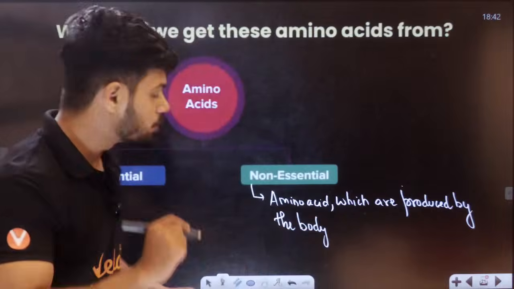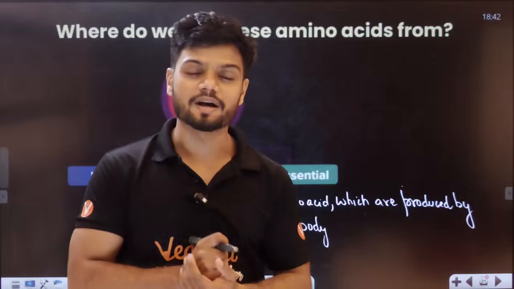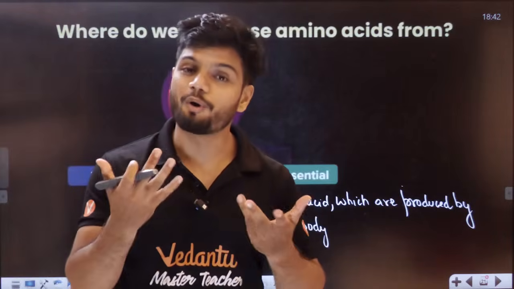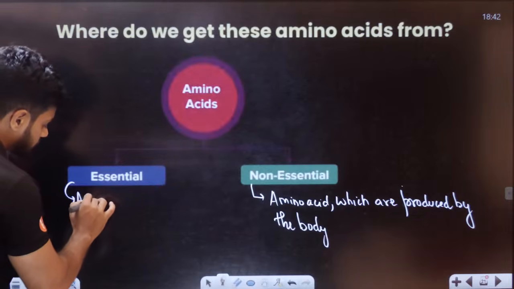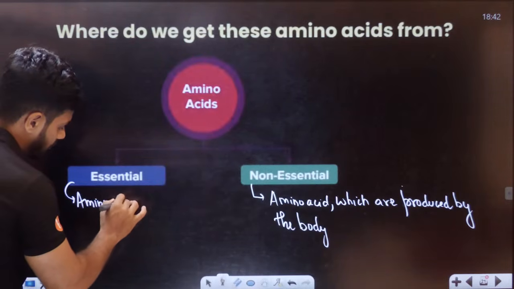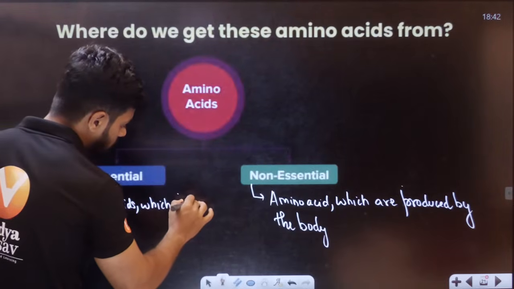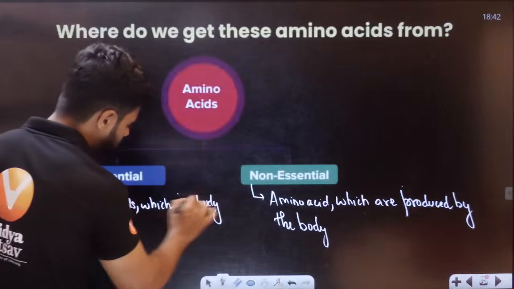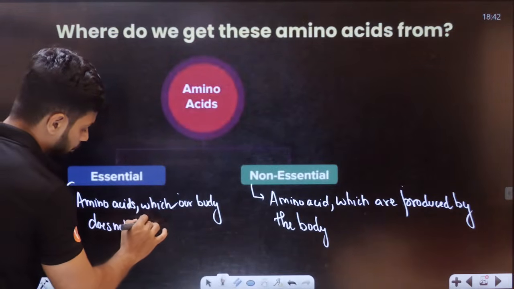Now, students, what are essential amino acids? Essential amino acids are the amino acids which our body does not make. These are the amino acids which our body does not produce.